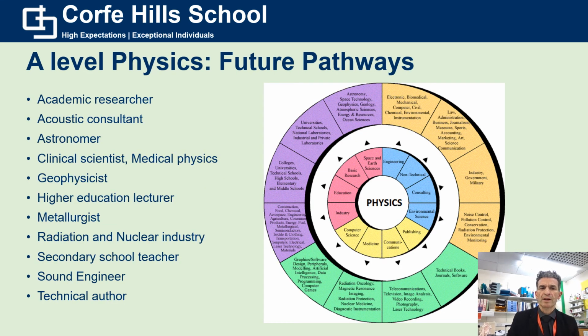In terms of future pathways, there are many careers that students can go into from A-level physics, and therefore an A-level or degree-level physics as well. Just a few things there that came to mind in terms of careers. Secondary school teacher was there.